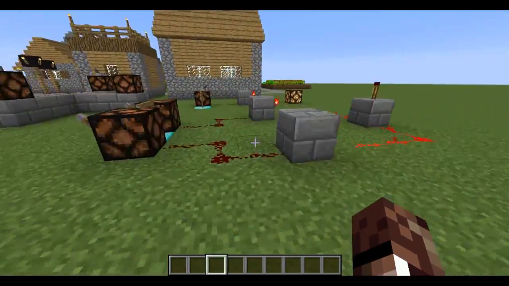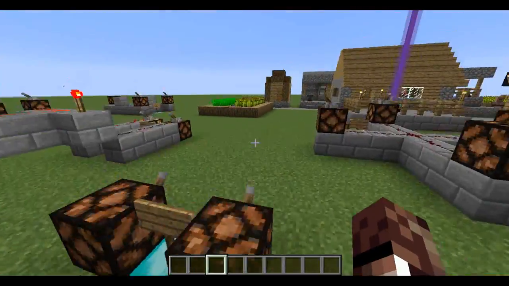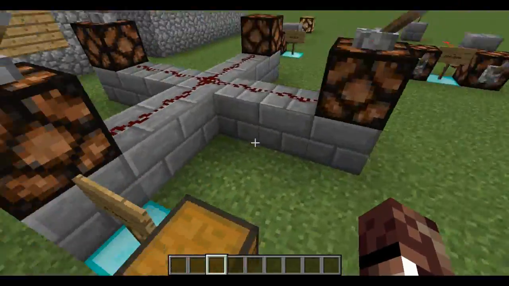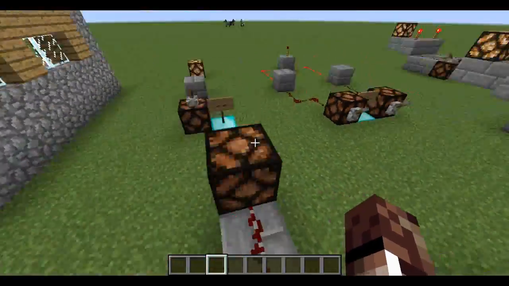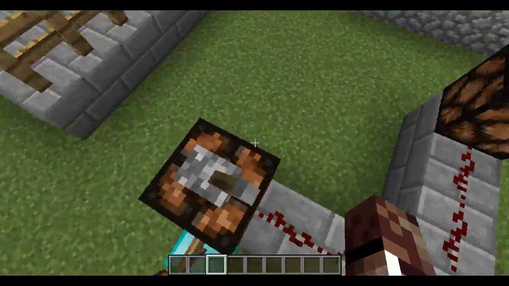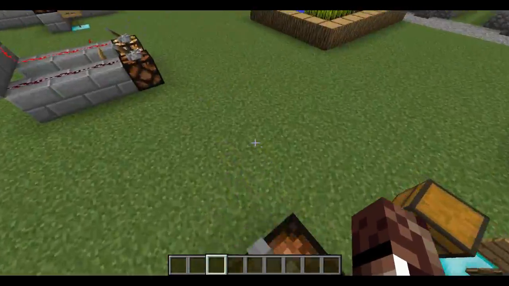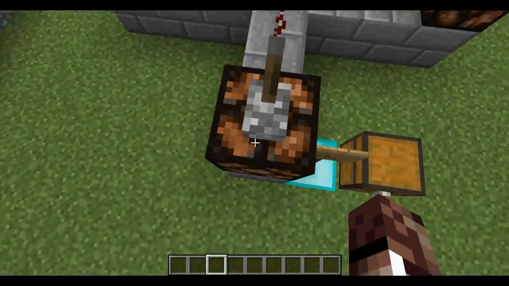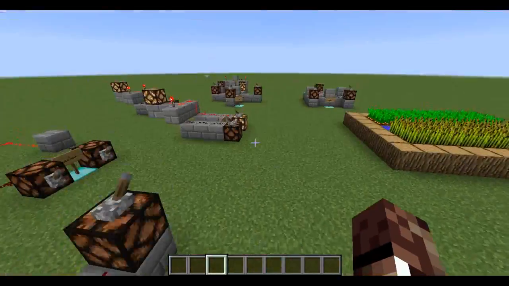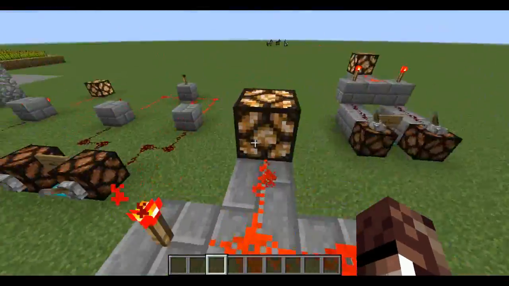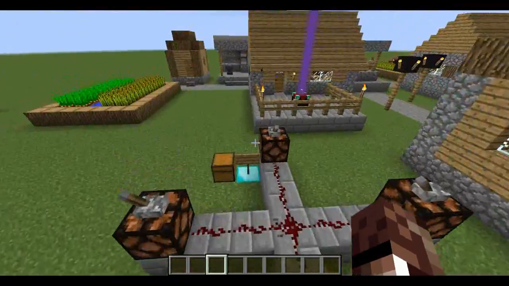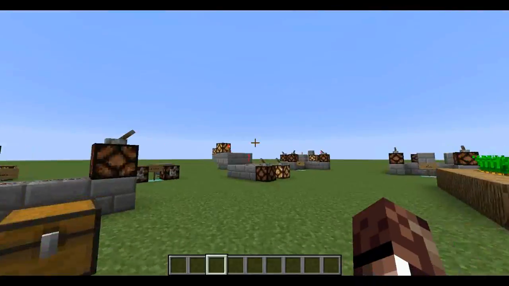So, what we're going to do is take a look at how these gates operate. I'll be using lamps to show you where power is, and it'll tell you what state the lever is in. Aside from that, these switches are going to be pretty obvious.